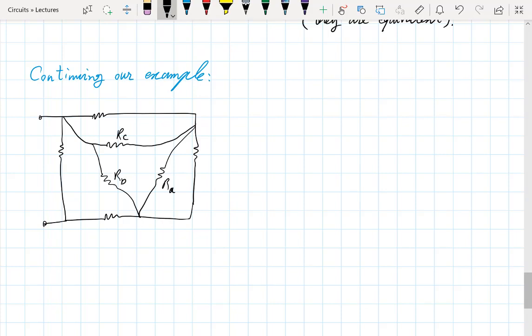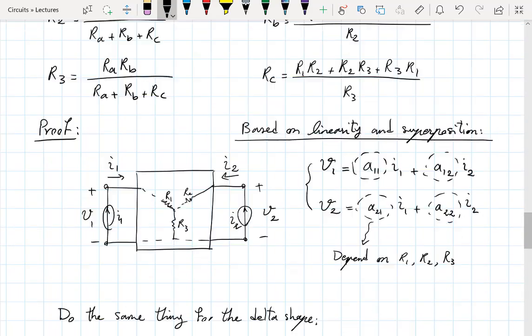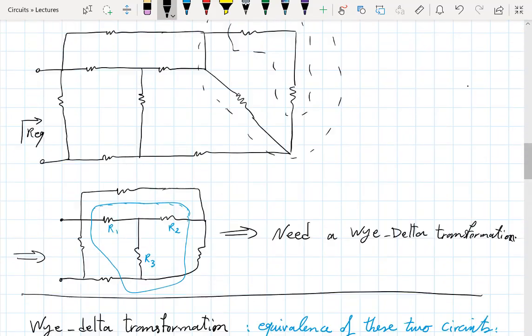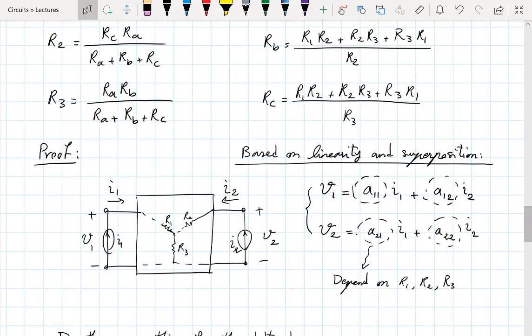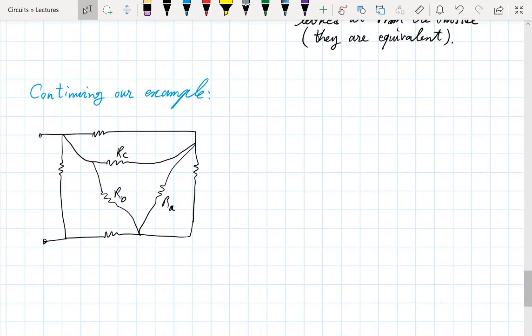Is this correct? Can you guys verify that I'm not missing anything? Am I missing something still? So I had 4 other resistors, 1, 2, 3, 4. Yeah, it's good? Okay.